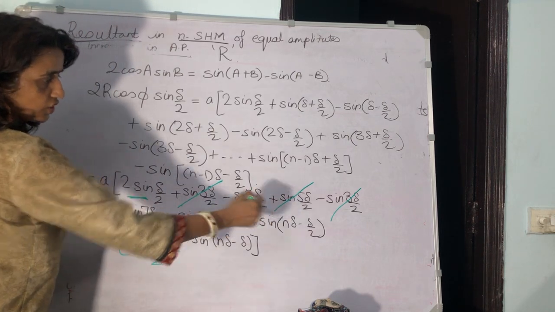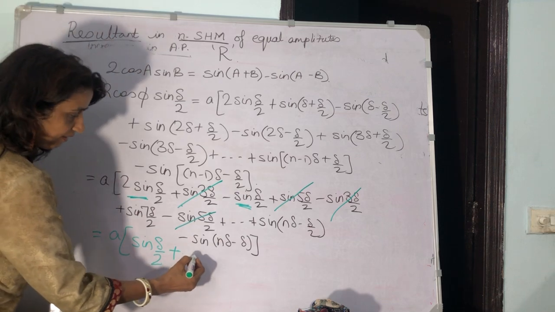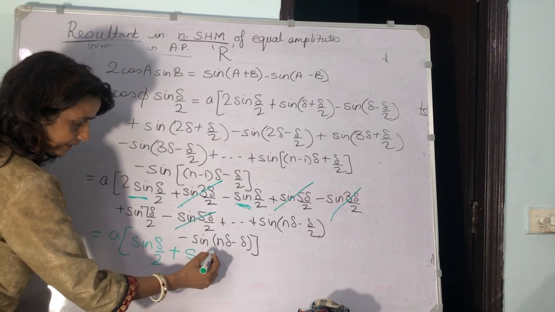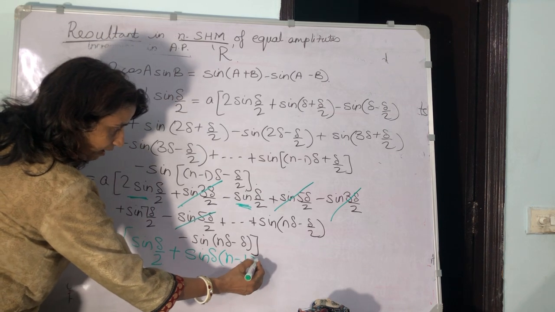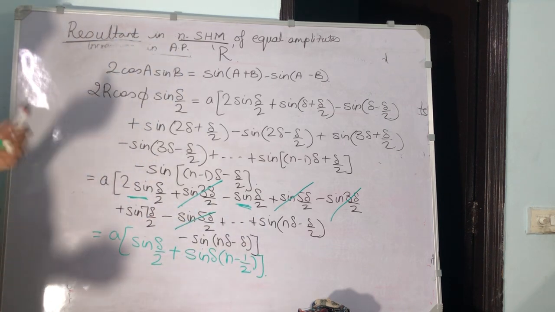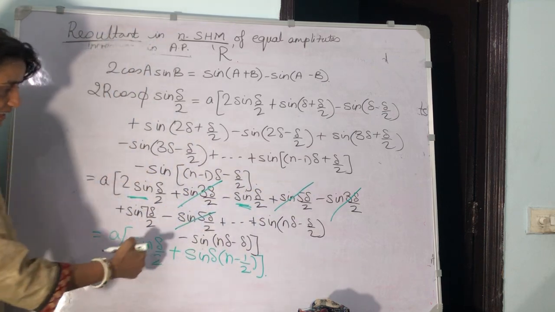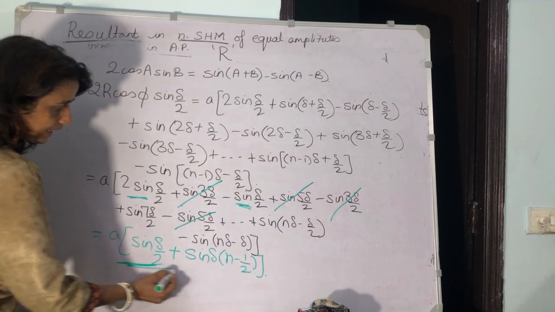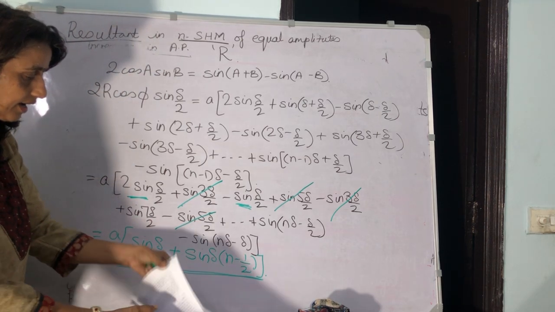This way the consecutive terms are going to get cancelled and you are left with sin del into n minus half. Because this is a very simple AP series, all the inside terms got cancelled and you are left with A sin del by 2 plus sin del n minus half.